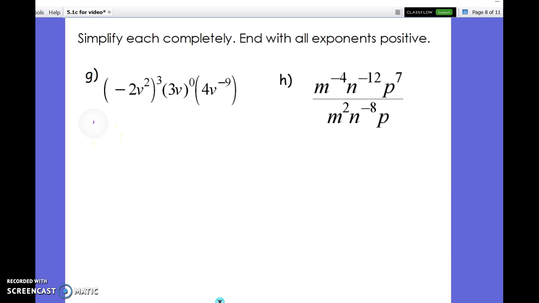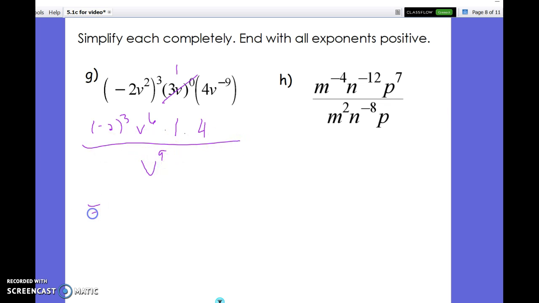Well, -2 raised to the third power, v squared raised to the third power, we'd multiply those so we get v to the 6th. Anything raised to the 0 power is still 1, so we can just kind of cancel that out. That 1's not going to change anything, right? Multiplying by 1 doesn't do anything. Then we have 4 times v to the -9th.